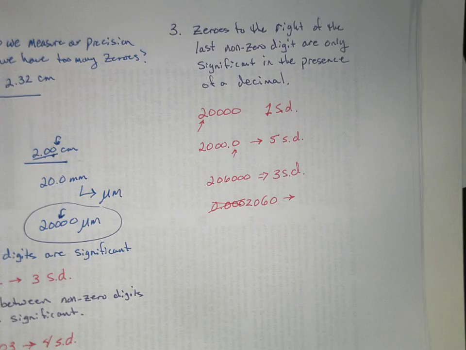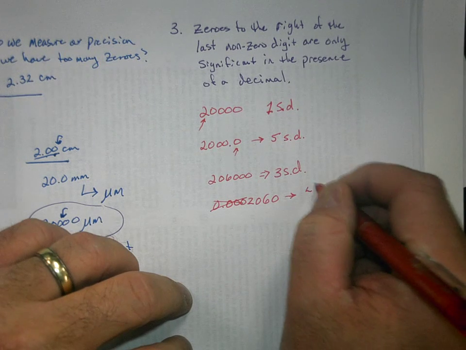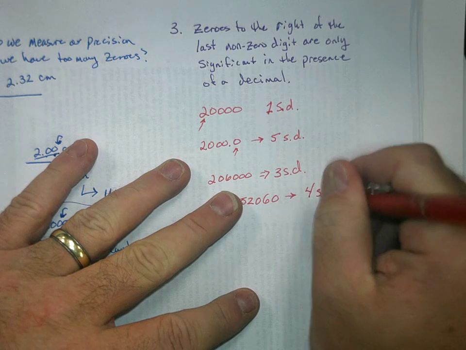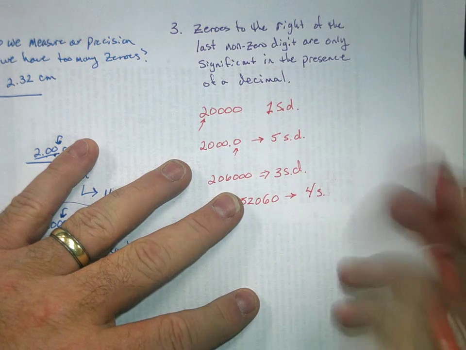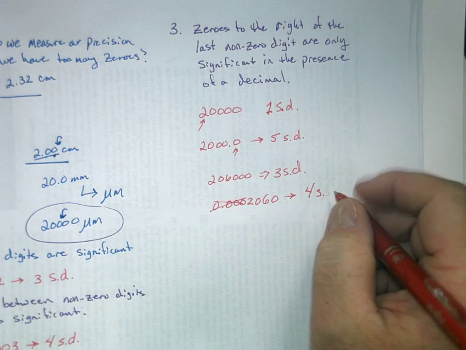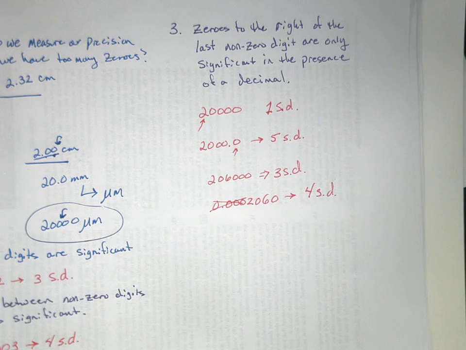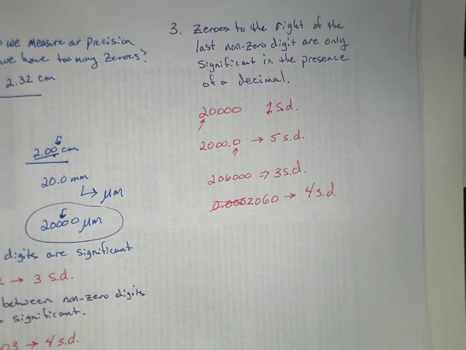Those matter for the precision of our measurement. So there would be 4. The old school way of calling them is significant figures. So I have a habit of calling them SF, not SD, significant digits.